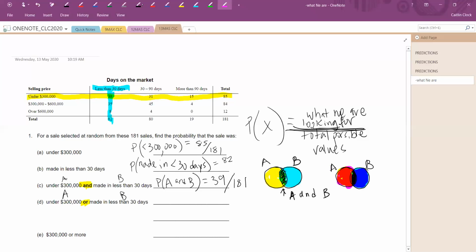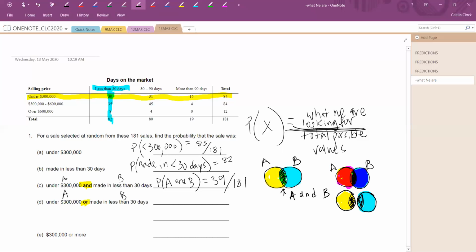What we have to be careful of is that I've colored in A, and I've colored in B, but in doing that, I've used this piece here 2 times.